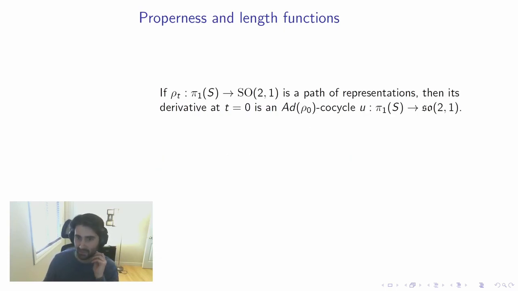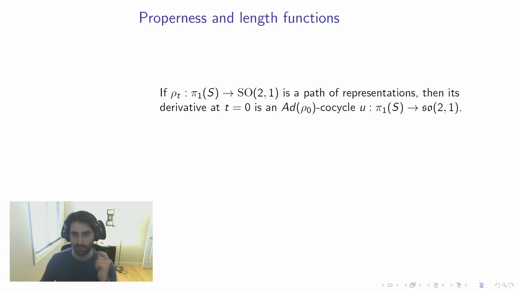When you have the space of all representations of the fundamental group of your surface into SO(2,1), you have functions. For instance, you can fix a curve, gamma, in your surface, and you can count its hyperbolic length. This length will change as you move around the space of representations, or Teichmuller space if you want.